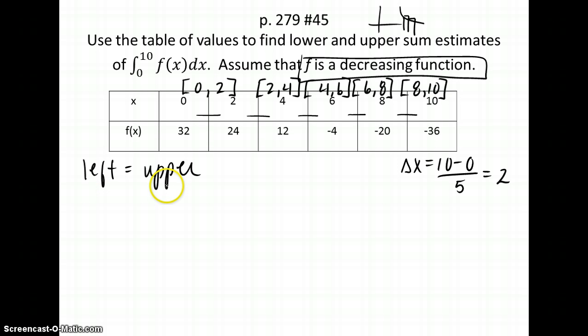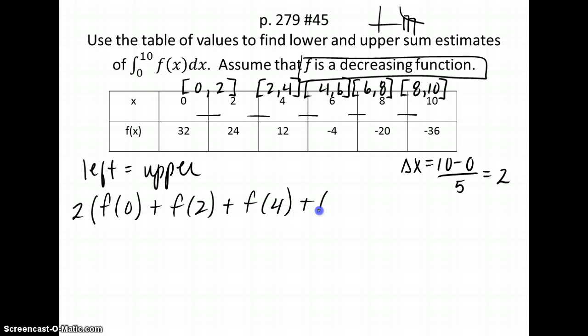When we look at the left endpoint approximation, which will represent the upper sum, we have delta x, start at f of a, so f of 0 plus f of 2, f of 4, f of 6, f of 8. Now we don't have a function to plug into to find the y values.